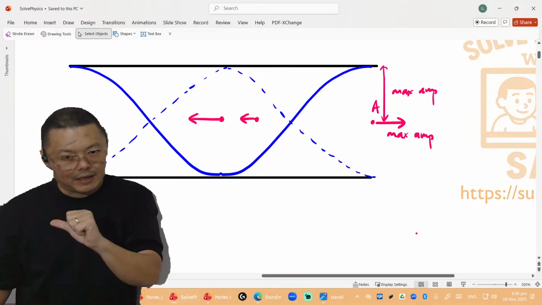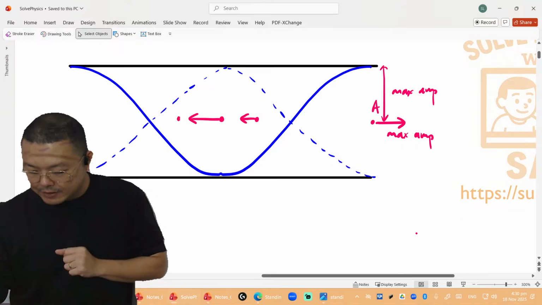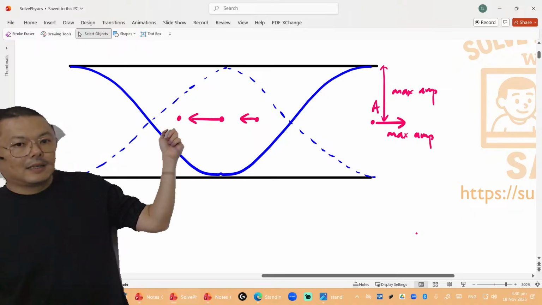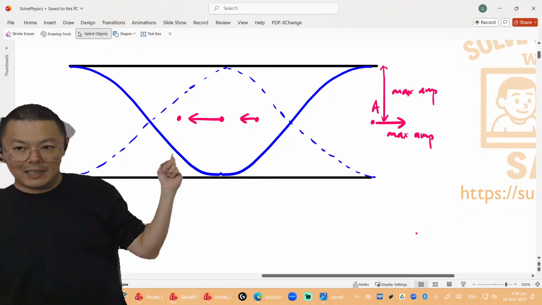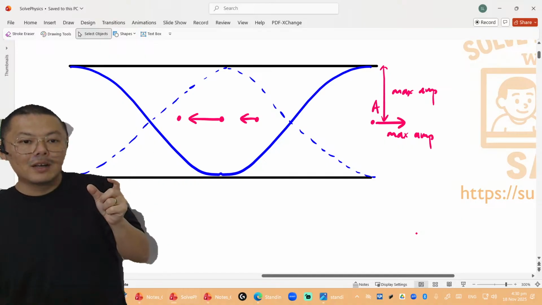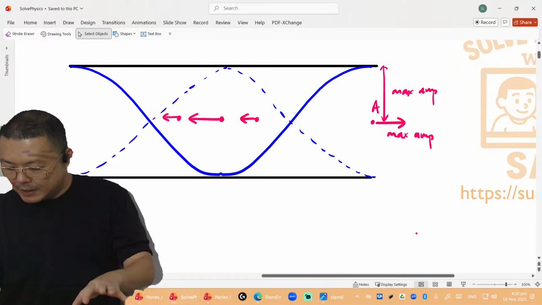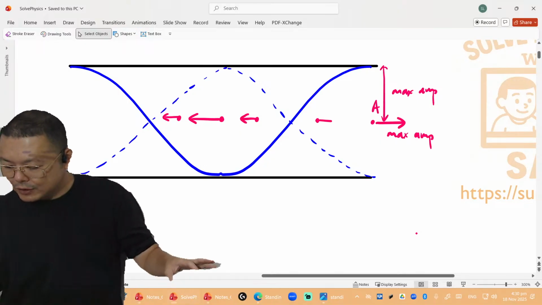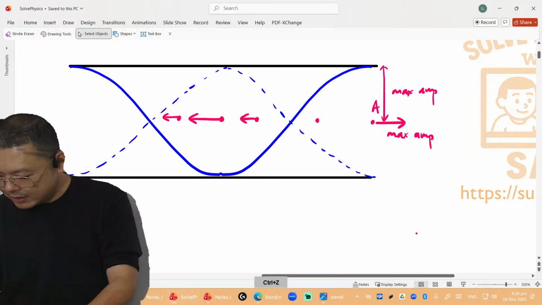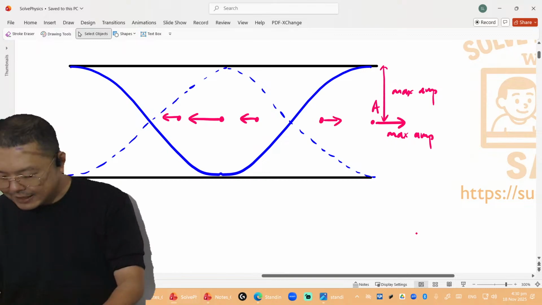Shorter arrow, but to the left. How about a particle here? Also negative, and therefore a short arrow to the left. How about this one here? Short arrow to the right, good. So there's a short arrow to the right, like that.